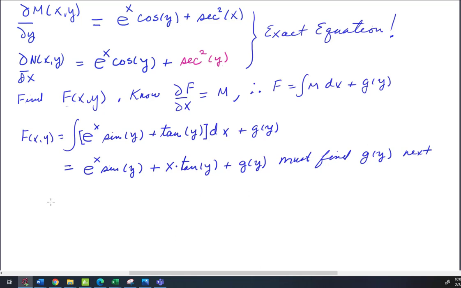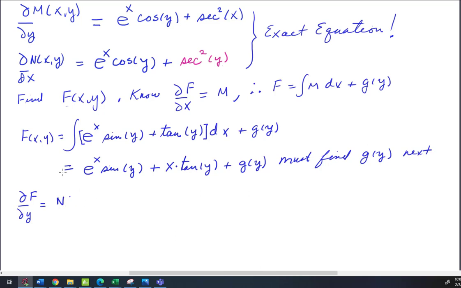Well, we've got a shot at finding g of y, because I know that since the equation is exact, the partial of f with respect to y is equal to n of xy.